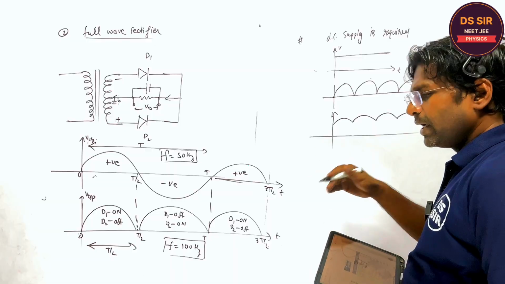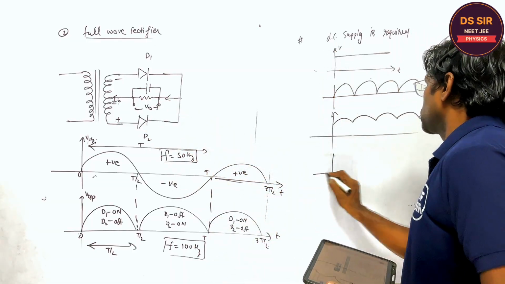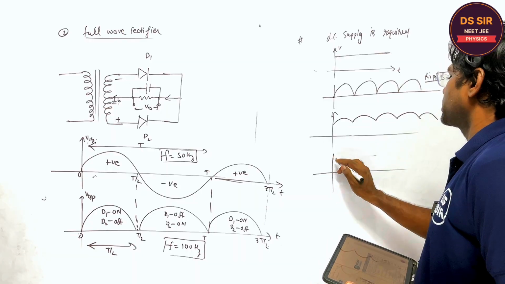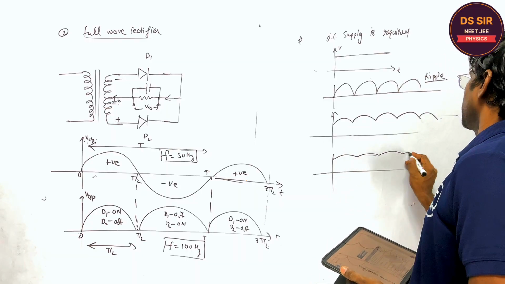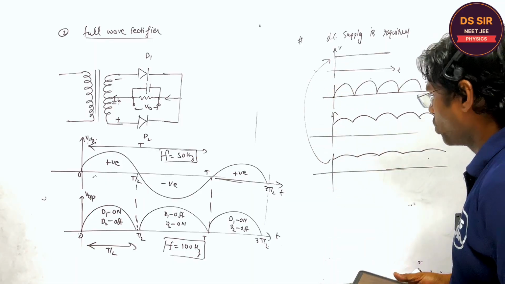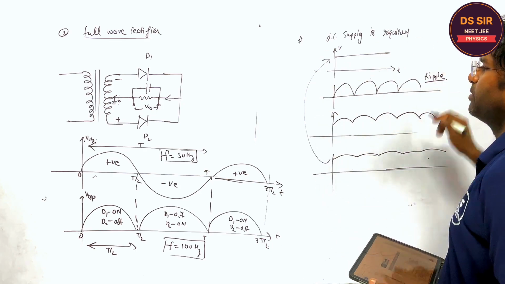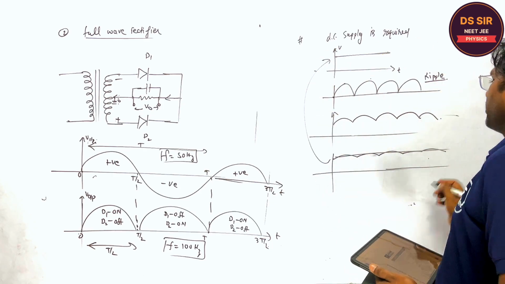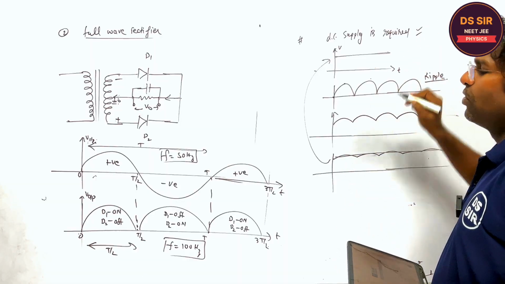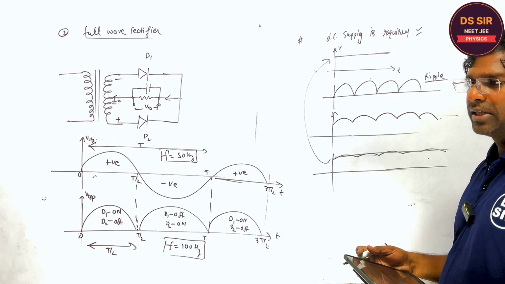If you increase the value of the capacitance, the ripple is smaller compared to this. After applying a good capacitor, you will get approximately a straight line. So this is the good power supply where the voltage is constant, which is essential for driving different types of instruments. Is it clear or not?